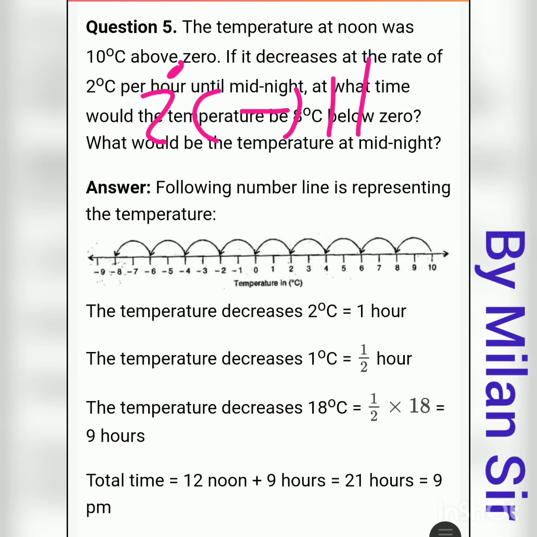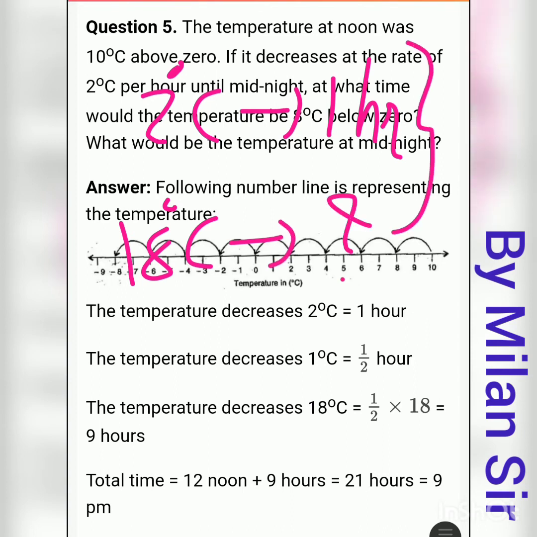In 1 hour the temperature decreases by 2 degrees Celsius, and we want to decrease it by 18 degrees Celsius, right? So if we want to decrease the temperature by 18 degrees Celsius, then how many hours?